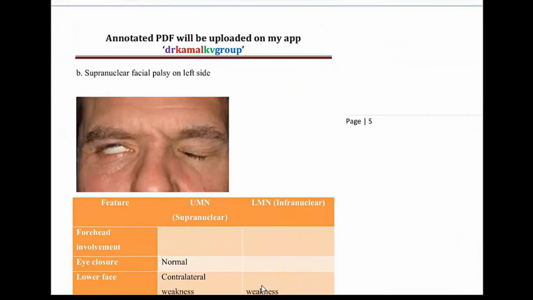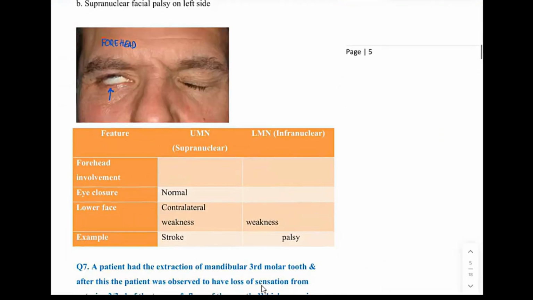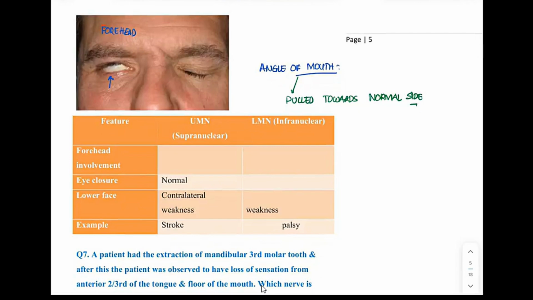So here we can see that there is involvement of the forehead, right? So this is the forehead. Then obviously the eyes, and lower down the angle of the mouth. The angle of the mouth is pulled towards the normal side, so on the affected side it will be at a lower level.